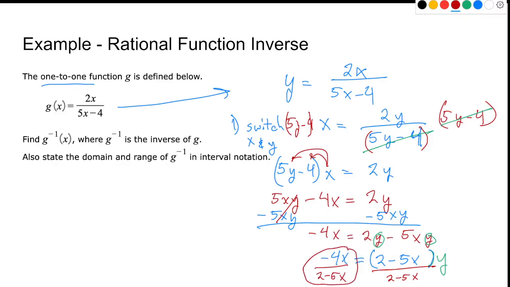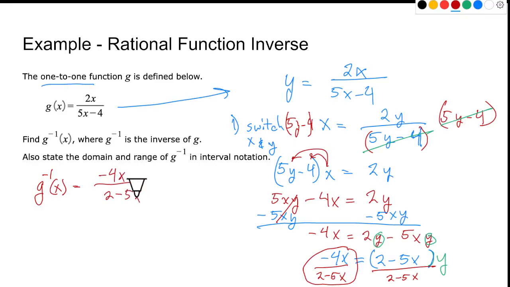Now, there are some formatting issues. You can write this just as it is, or you could change the top to a positive by moving the negative downstairs. The 2 would become negative, and the negative 5 would become positive. So I'm going to write this in two different formats. The inverse function of g can be written just as it is, negative 4x over 2 minus 5x.